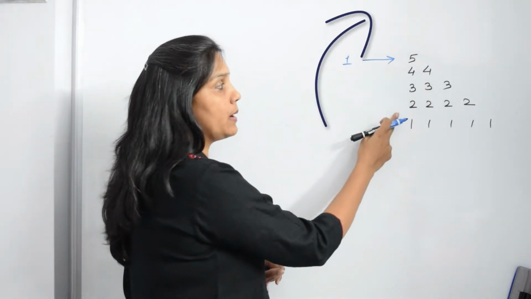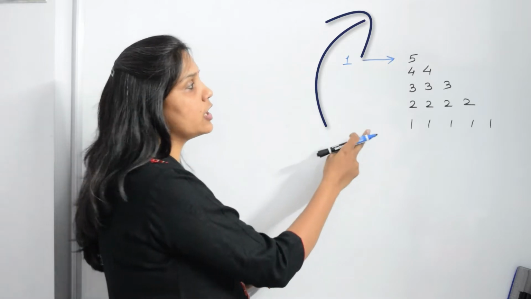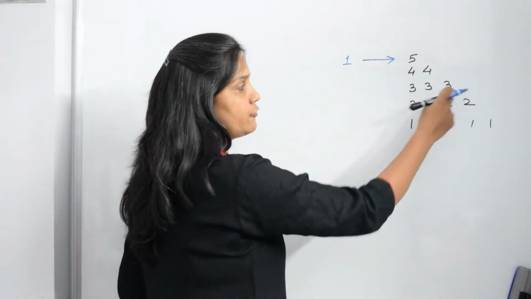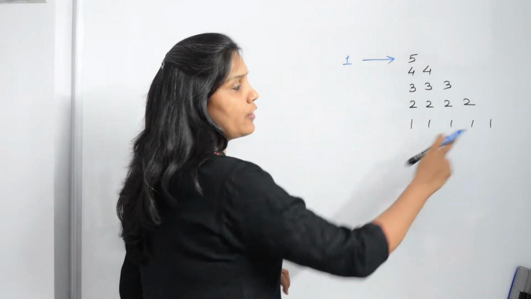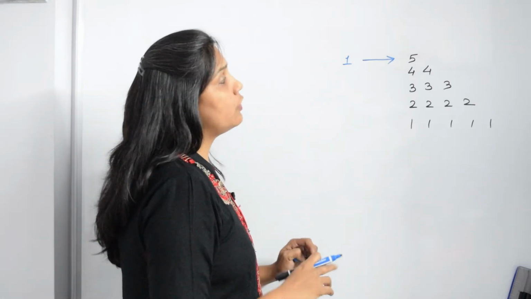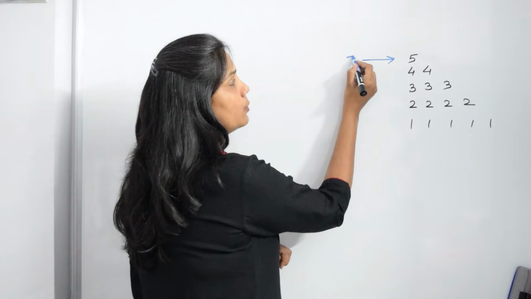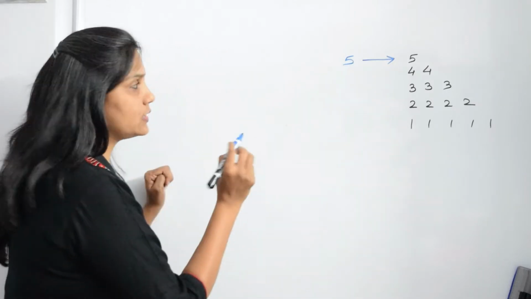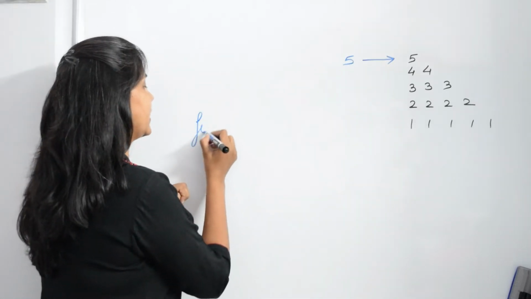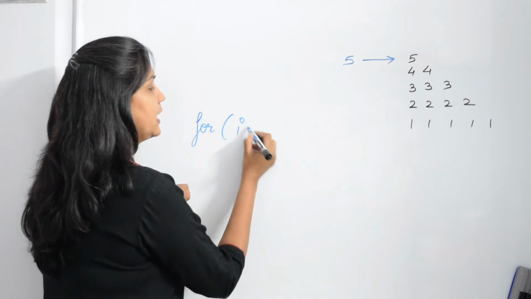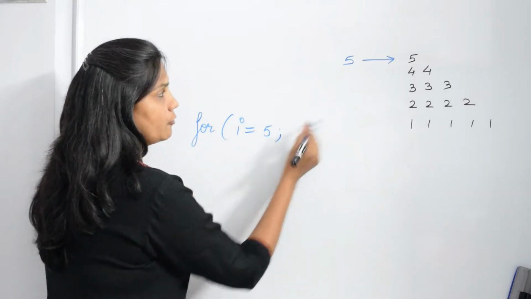So if you remember the last video where we covered printing 5, 5 4, 5 4 3, 5 4 3 2, 5 4 3 2 1, you will realize that it's easier if I start the outer loop from 5. So to print this pattern, again I'll say my outer loop, that is I, starts from 5.